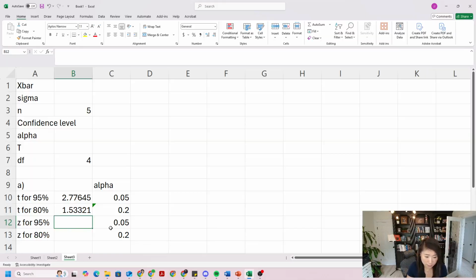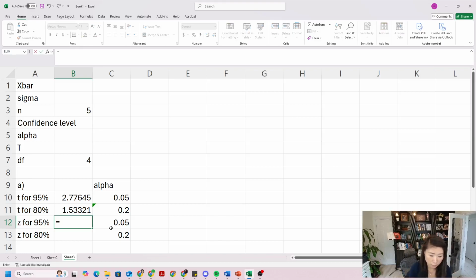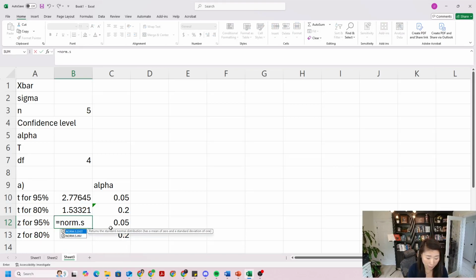The z statistic we learned from the previous computer skill lectures, and the formula we use is NORM.S.INV. In this one, we only need one value, which is a probability. This probability is calculated from your confidence level, so for 95% confidence, it is the confidence level plus alpha divided by 2.